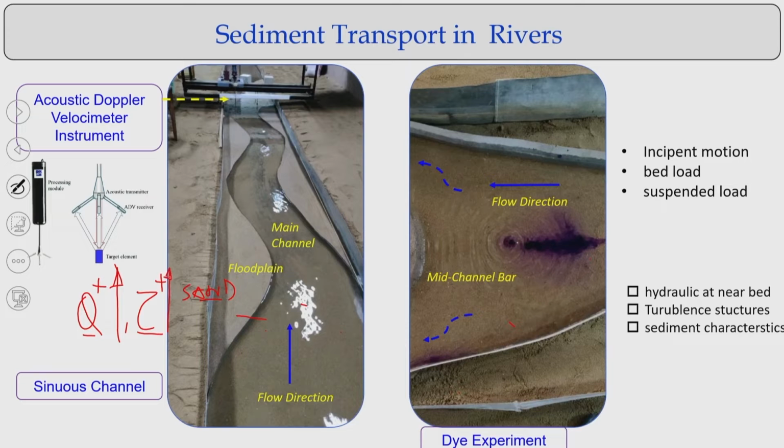At a particular instance, as the shear stress increases, we can observe that the sediment particles lying on the channel bed start to move. That is what is called incipient motion, the period when the bed load starts moving.